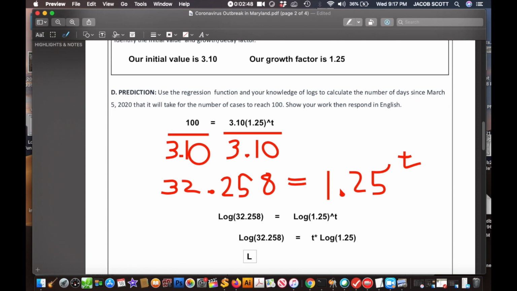So log 32.258 divided by log 1.25 equals t. Because I divided both sides by log 1.25, right? So now let's go to Desmos and see what that is.